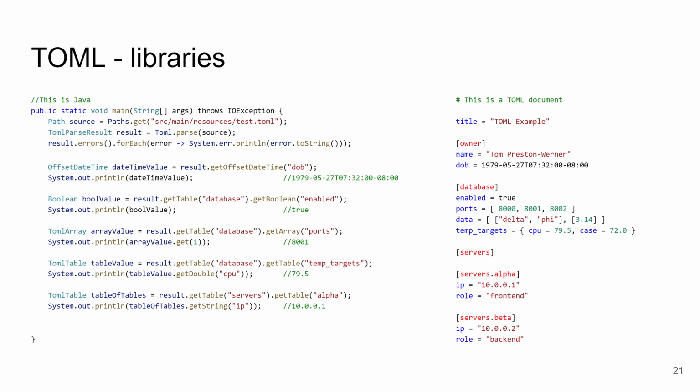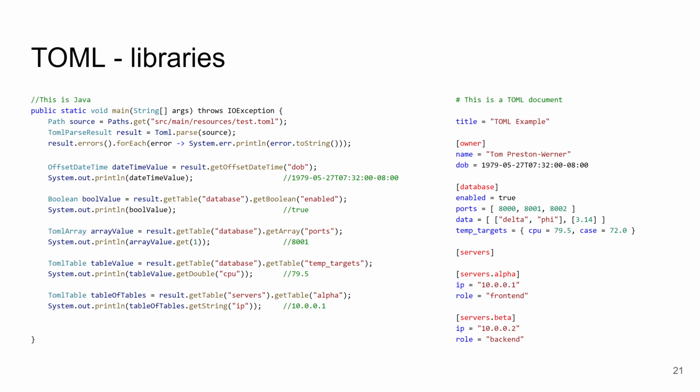Then there are methods per data type. So we get a Boolean, we get an array. With the array, we then get the first item in that array. We can see that the arrays are zero based, so the item number one is actually the second item in the array.